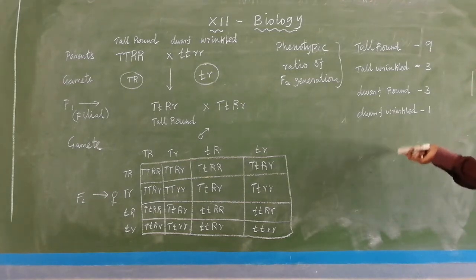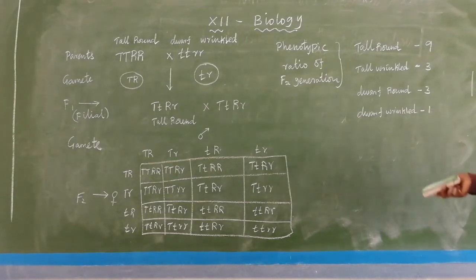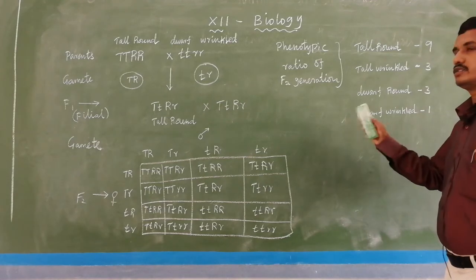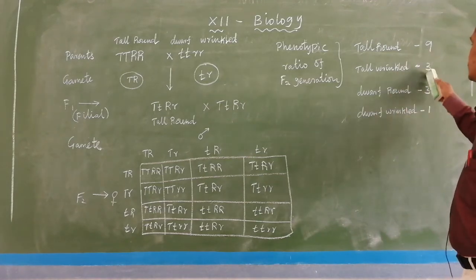So, I need some space, just copy, within 1 minute I will erase all the things. Okay. Phenotypic ratio of F2 generation means 9:3:3:1.